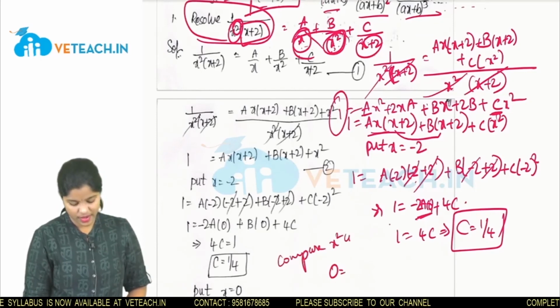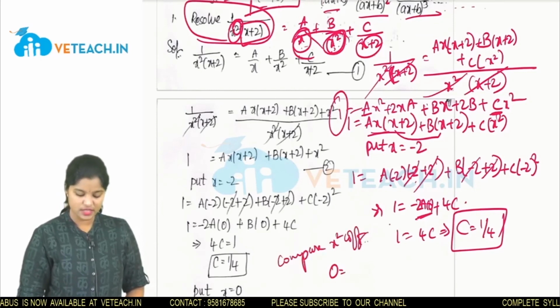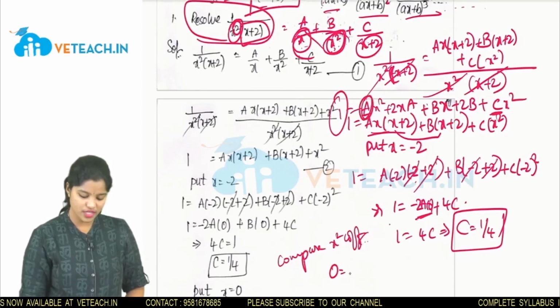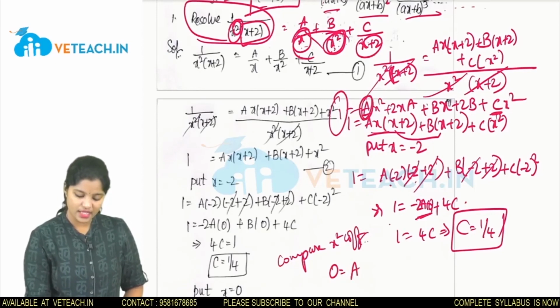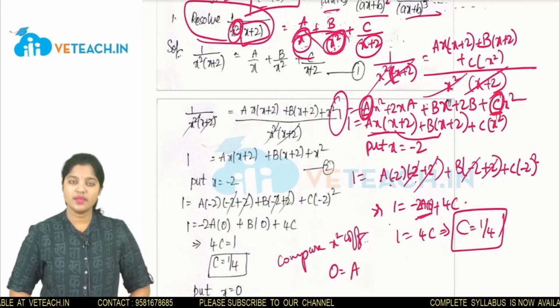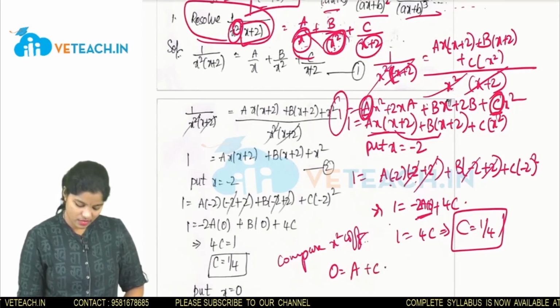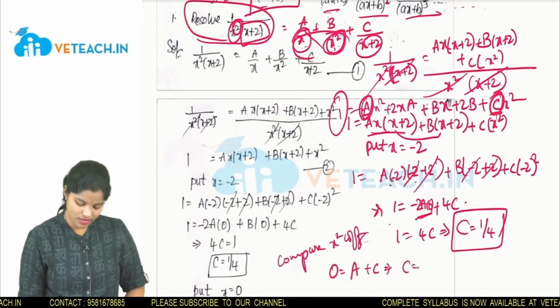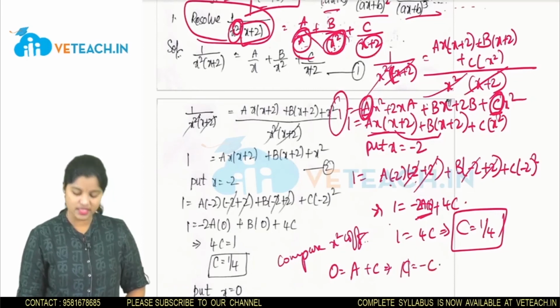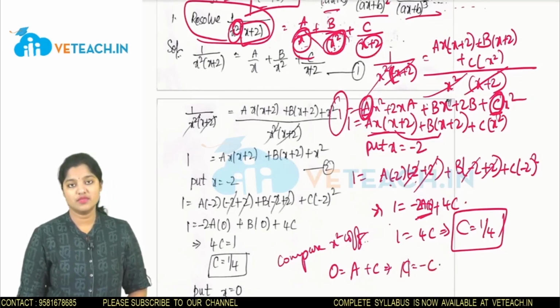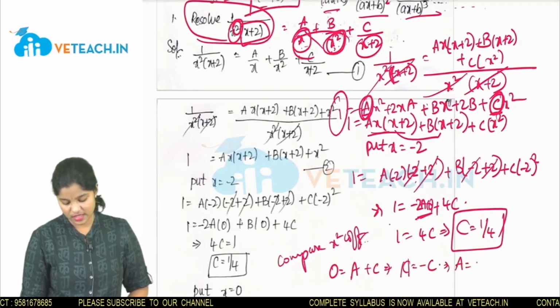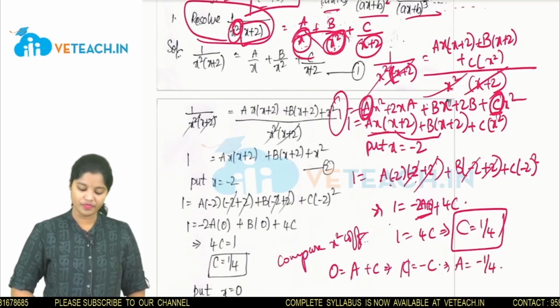Comparing x square coefficients, 0 is equal to x square coefficient here is a and other x square coefficient here is c. So a plus c equal to 0. That implies a is equal to minus c. But we know the value of c, that is 1 by 4. That implies a is equal to minus 1 by 4.